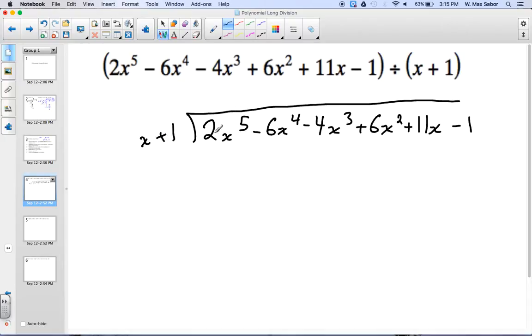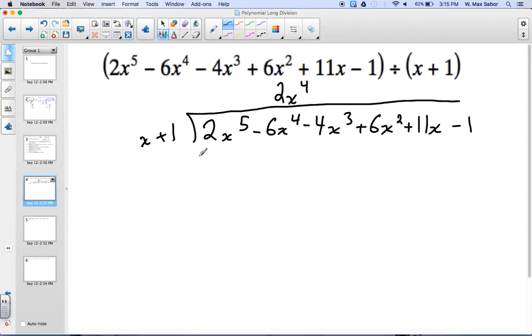There's an x cubed term. Now, what we're going to do is we say, how many times does x plus 1 go into this? Well, because this is a binomial, we'll look at the first 2 terms here. Think about it as taking 2x to the 5th and dividing it by the x. We'll be left with 2x to the 4th.